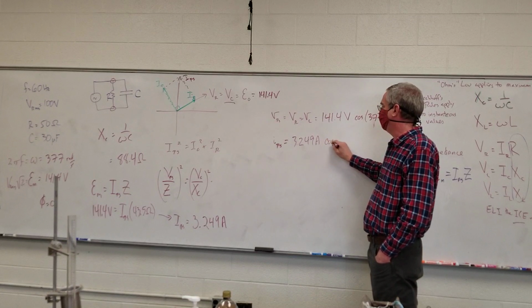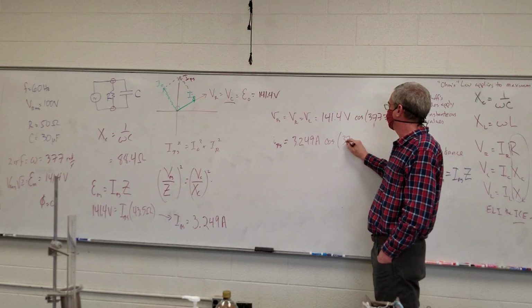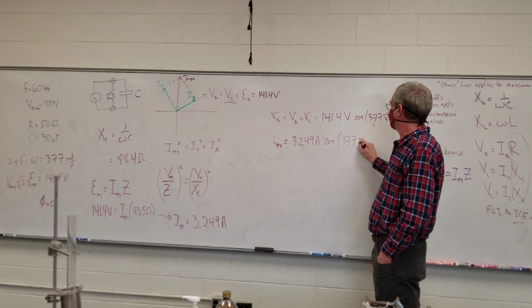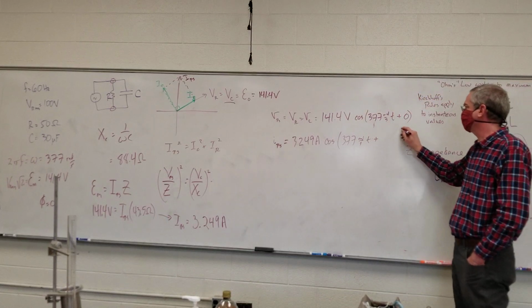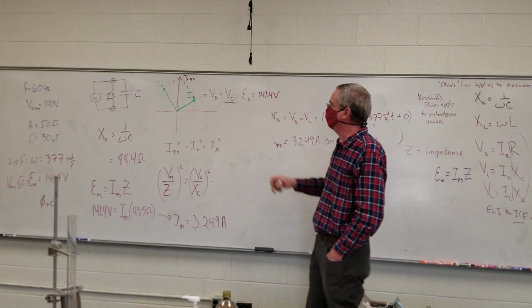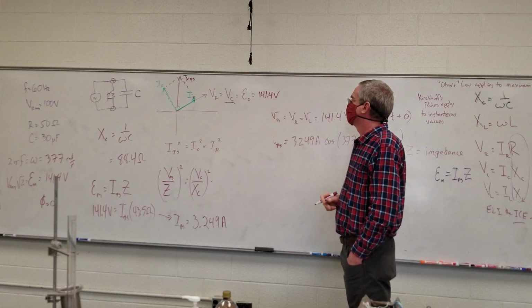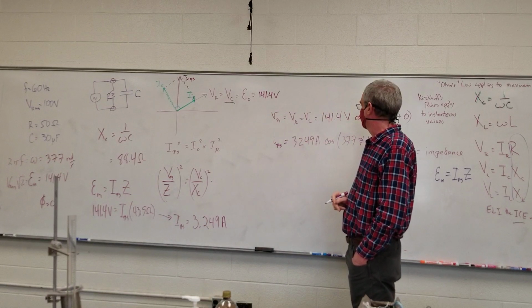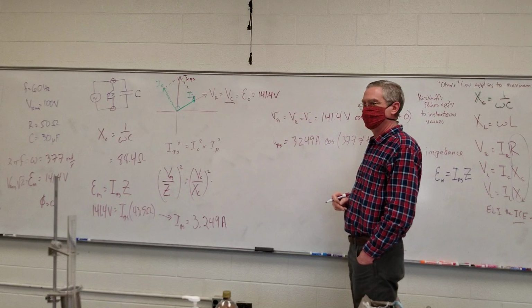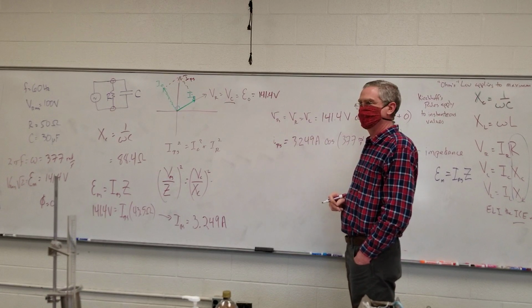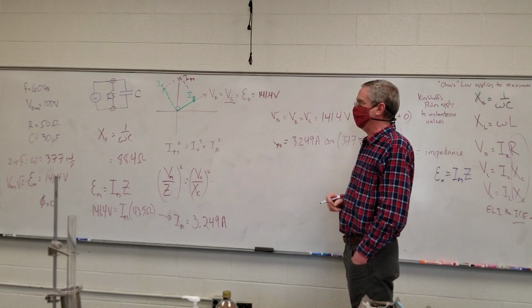Cosine 377 radians per second t plus, this is the number we don't have yet. So which number would this be? The phi. Which phi?